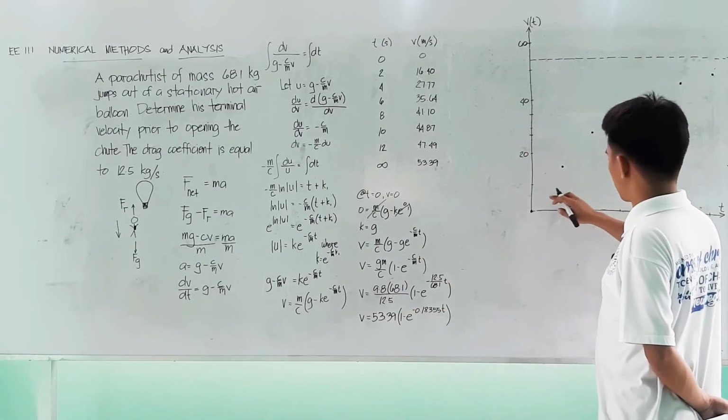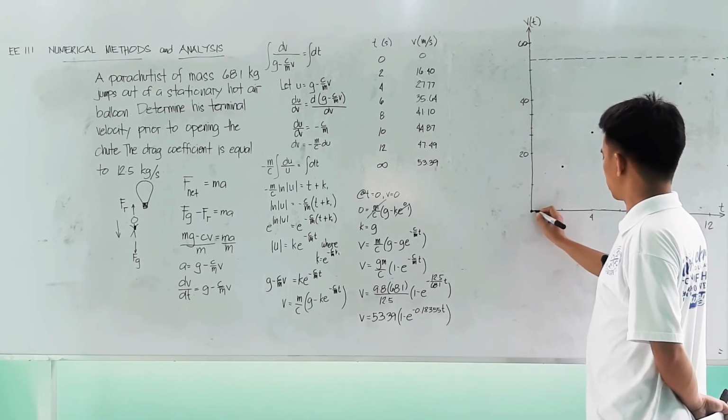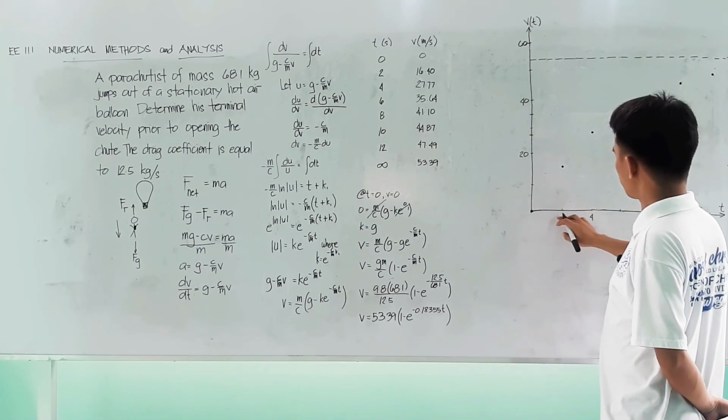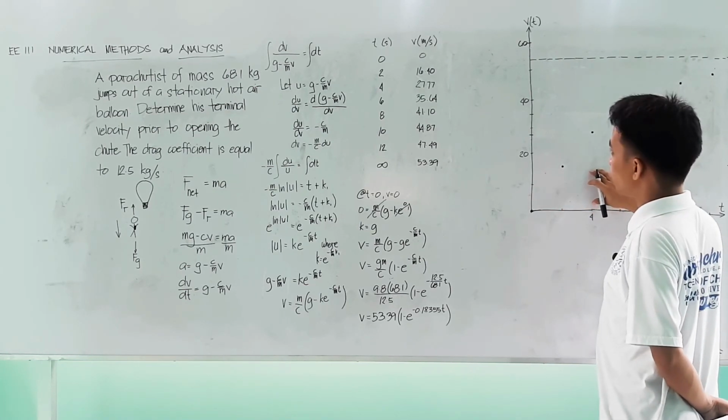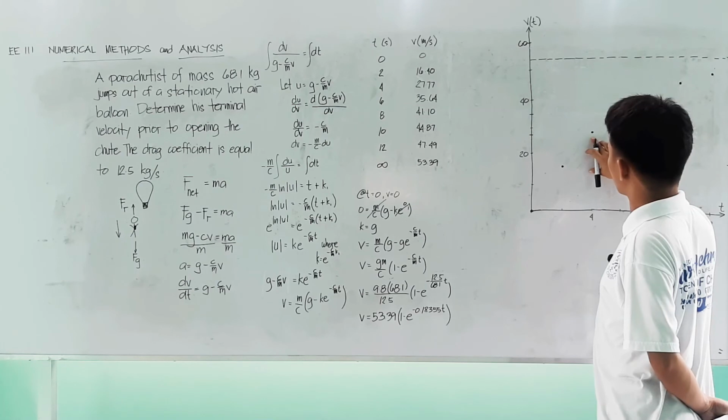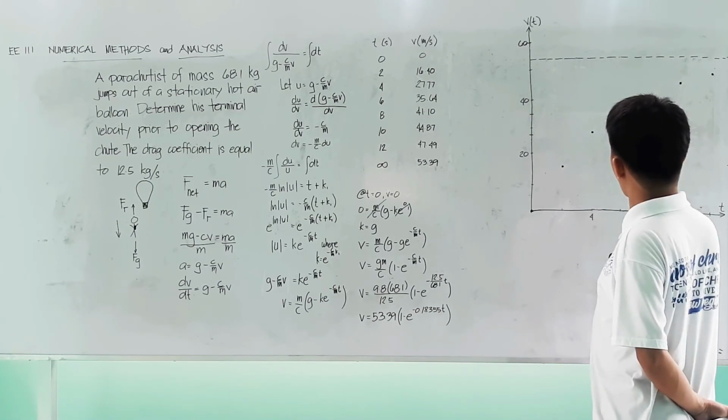Now I plotted that on this graph. At 2, it's 16. At 4, it's 27.